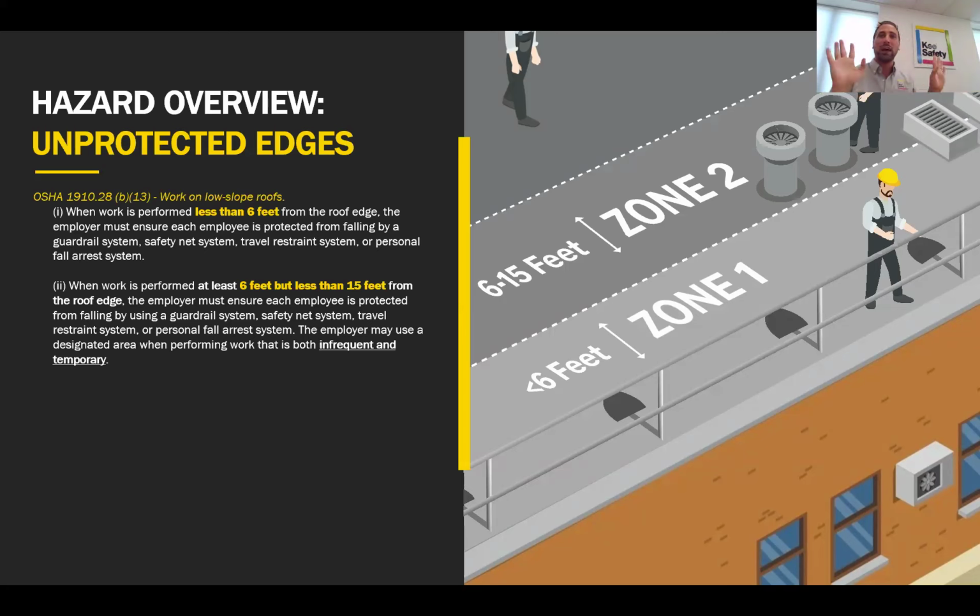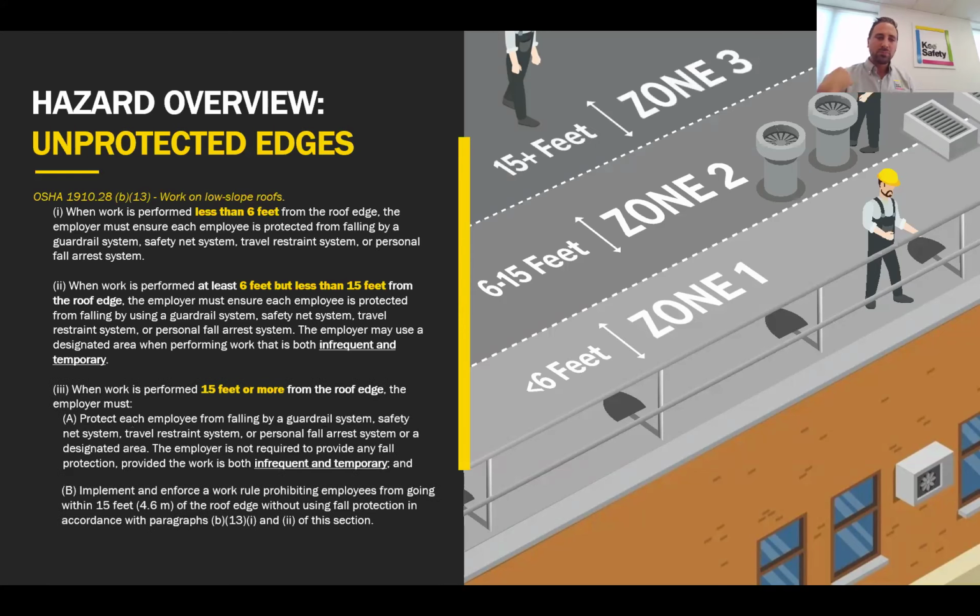So I have to have a flag, a warning line system, and I can only use a warning line if the work being done in that area is temporary and infrequent. Temporary means that it takes less than 2 hours to complete in a single trip, and infrequent is less than once a month, according to federal OSHA, less than once per quarter, according to Cal OSHA. So pretty simple, understandable stuff.